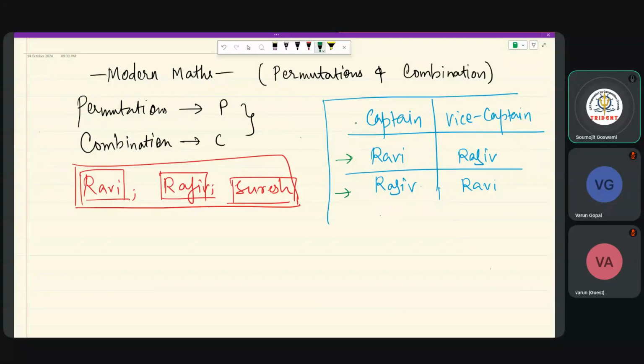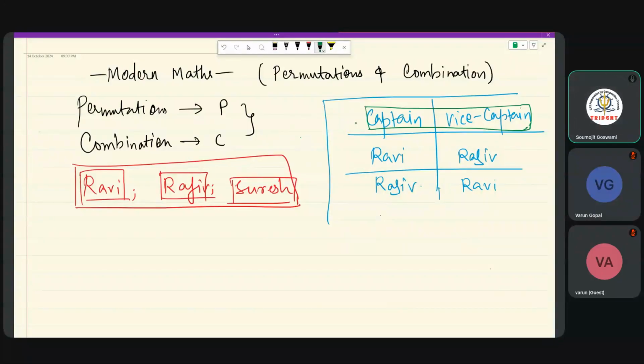I hope that much is clear. Just by the very designation itself, captain, vice captain, the two separate entities will make separate arrangements. And these two cases or these two scenarios, whatever you want to call them, they are different.